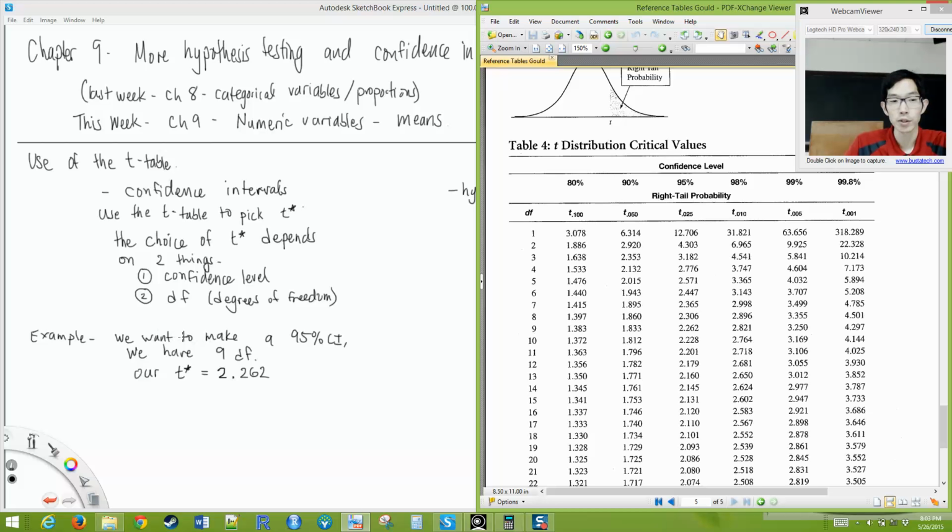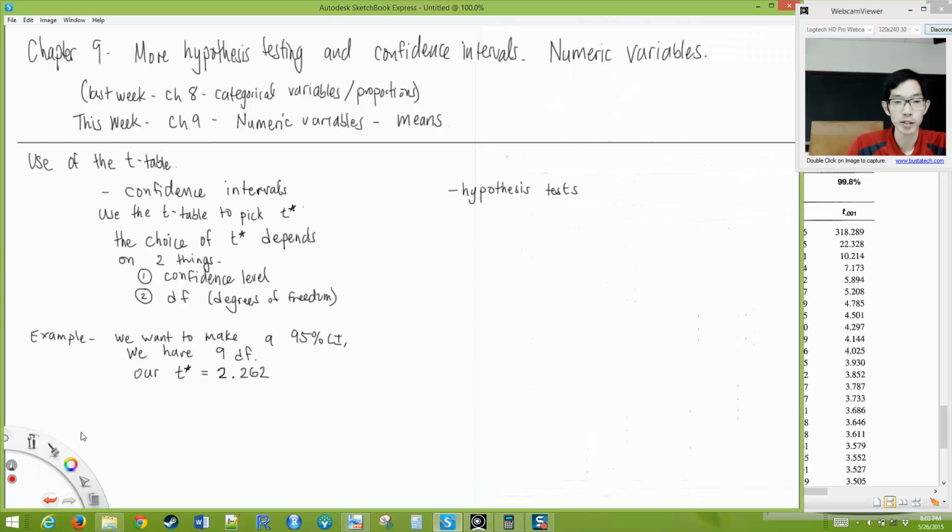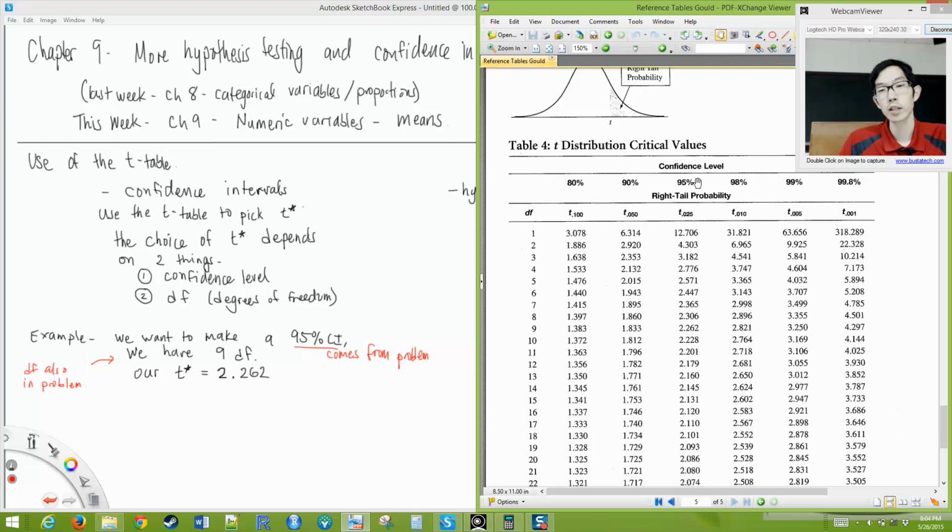Okay, so somewhere in the problem it's going to state 95% confidence. Okay, somewhere in the problem. So let me just write that. This comes from the problem. And then degrees of freedom, I will teach you how to calculate your degrees of freedom. It's very simple. But this also comes from the problem. Degrees of freedom, also in the problem, maybe one step to figure it out. Okay? So all you do, 95% confidence.